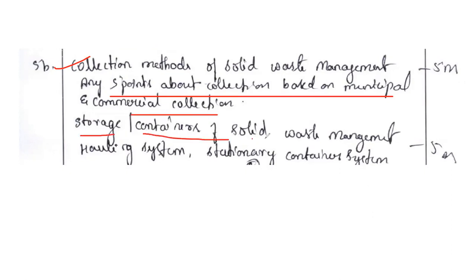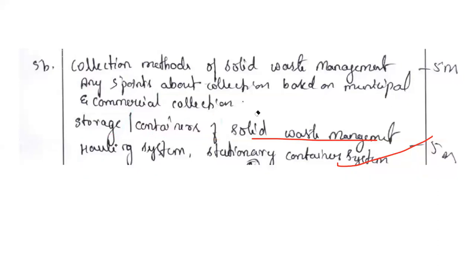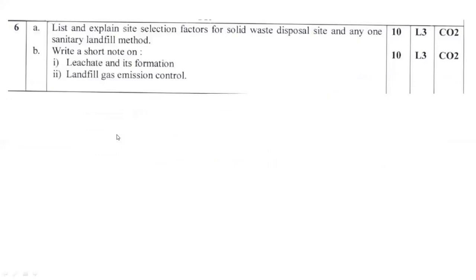Storage containers in solid waste management, then the handling system, stationary containers. What is important about stationary containers? You can explain those things. The weightage is 10 marks. Easily you can score it. It's not a big deal. Hope you can manage it. Maintain 1.5 pages, above 400 to 500 words for 10 marks. Above 400 is mandatory.